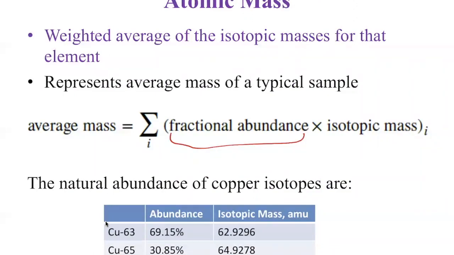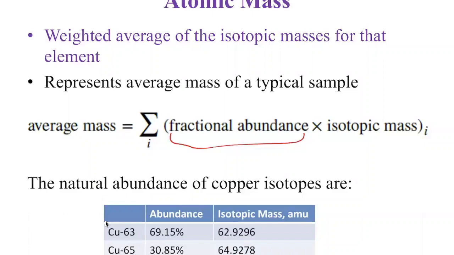So for example, notice that in here, if we apply this formula, it would be 0.6915 times 62.9296 plus 0.3085 times 64.9278.